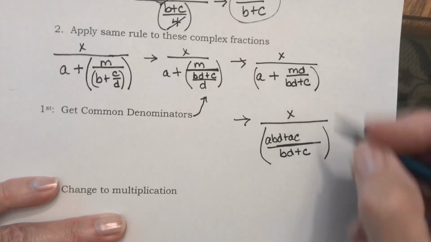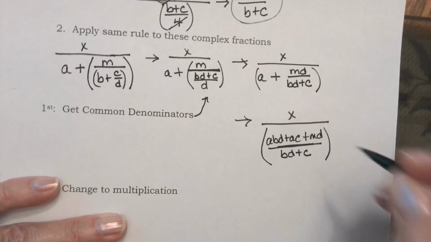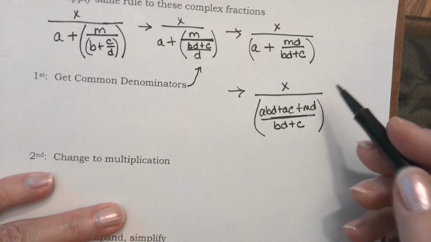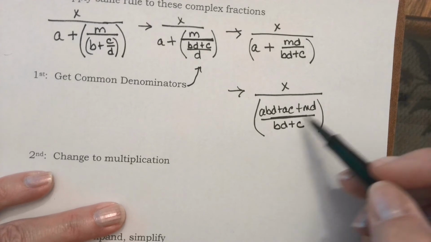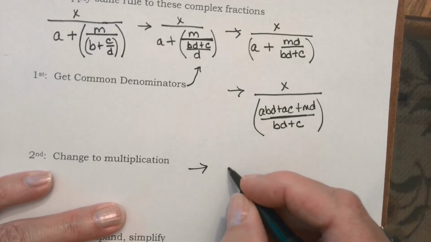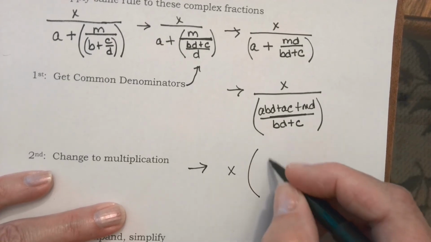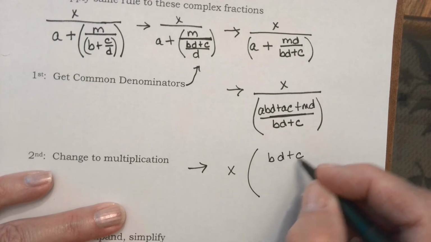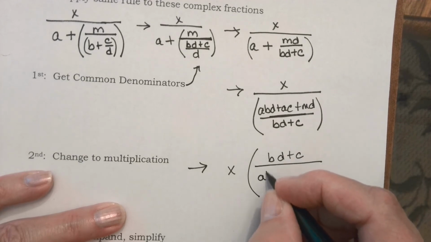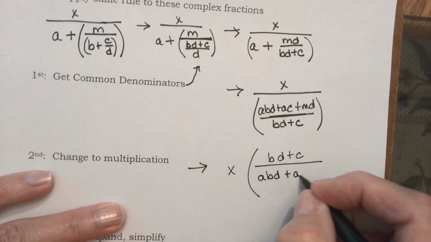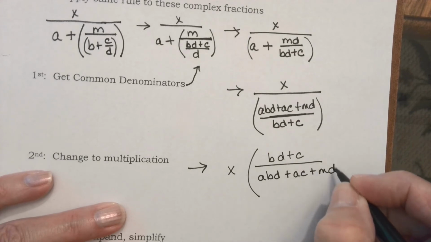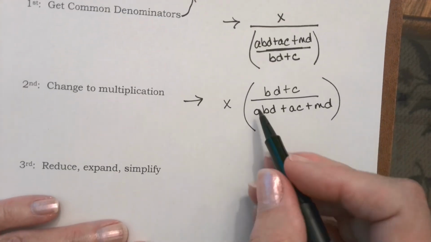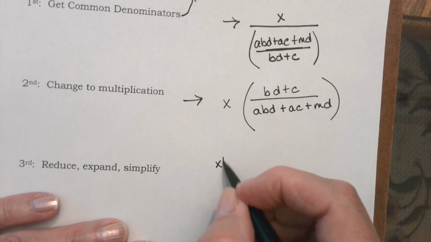And for this one, it's just going to stay the same. Then I'm going to have x times the reciprocal of this. I'm going to write this out for you because it gets more crazy looking here. Well, when I multiply this times x, it's just going to be distributive property.